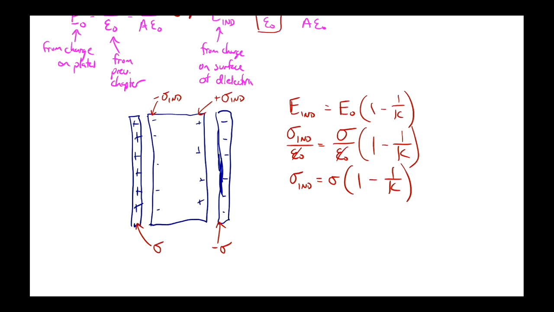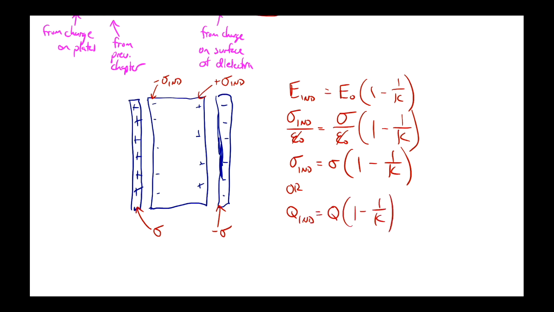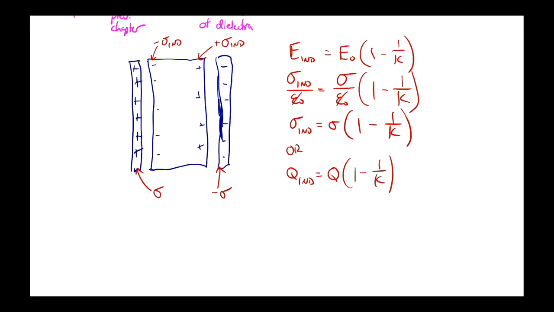And if we did that, we're going to get a very similar looking equation, which would be Q induced equals Q times 1 minus 1 over K. And keep in mind, K is always going to be greater than 1. So because of that, Q induced is always going to be less than Q.